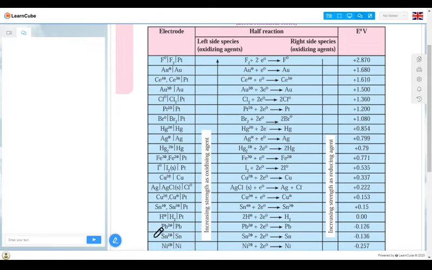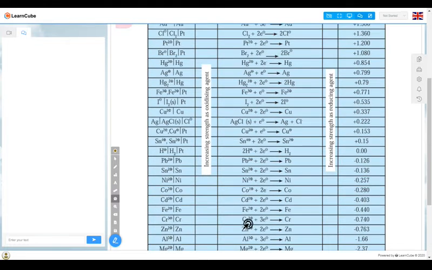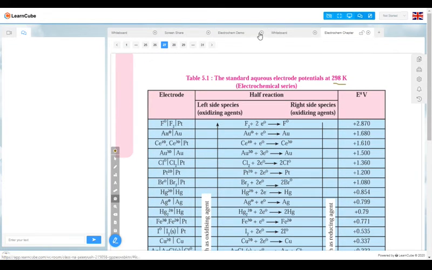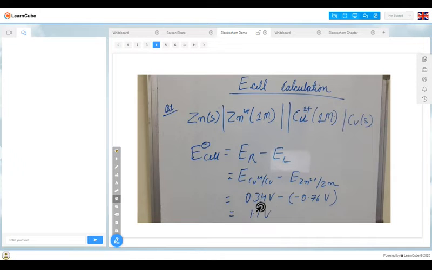For example, copper ions are here, electrode potential is 0.337, so I've taken 0.34. Zinc is here, it is minus 0.76. I'll go back to my slides. I've used these values to calculate the E naught of the cell.